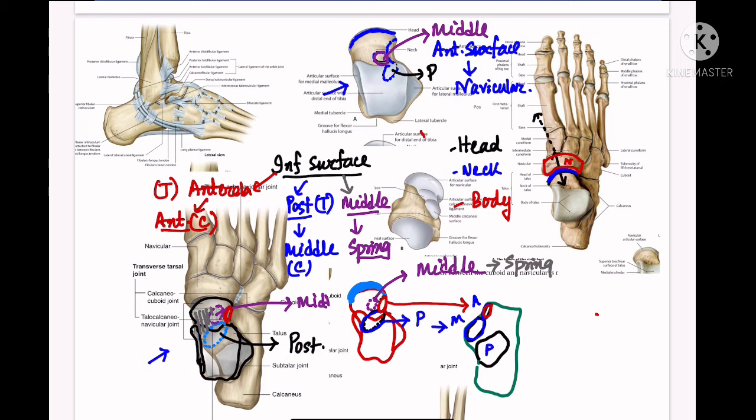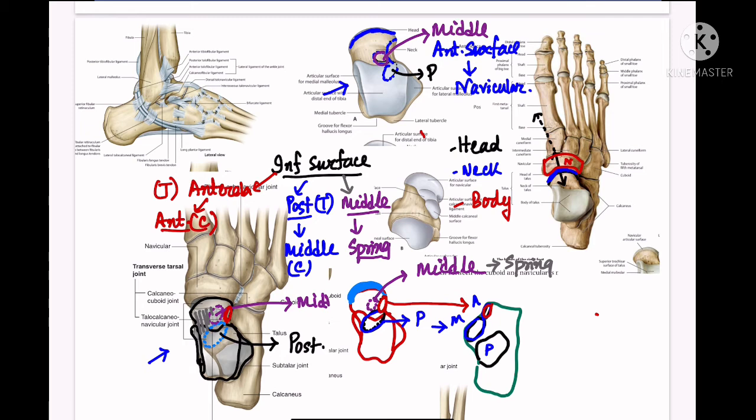Two are articulating with the corresponding facets over the calcaneus, and one is articulating with the spring ligament. So that is about the head, anterior surface and inferior surface. I think you have understood the concept of the head and the articular facets on both its anterior surface and inferior surface.